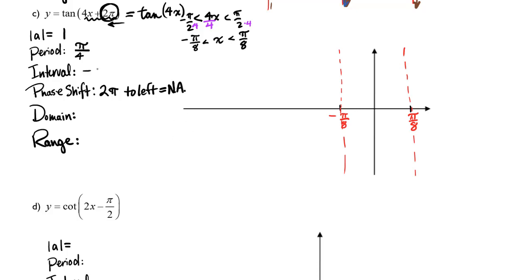If you really wanted to figure out where that interval was shifted to, even though your tangent is graphed beautifully and there is a period for tangent about the origin, you can take the original function and solve for x in this interval, and you actually get negative 5 pi over 8 to negative 3 pi over 8.